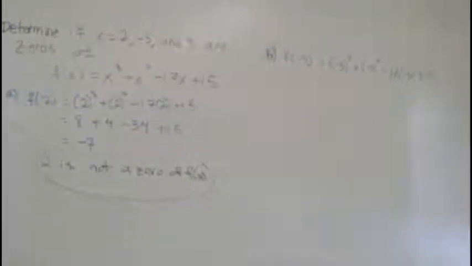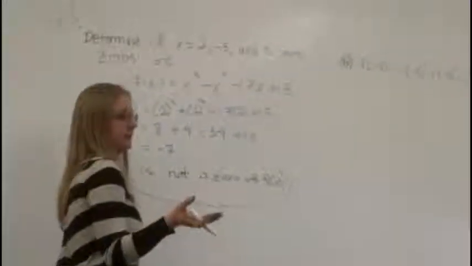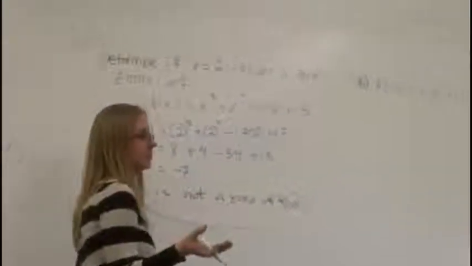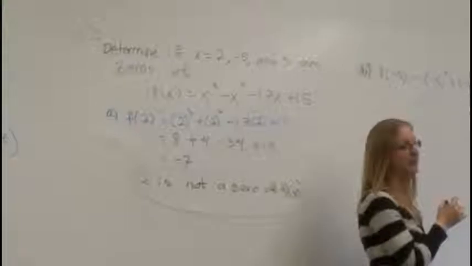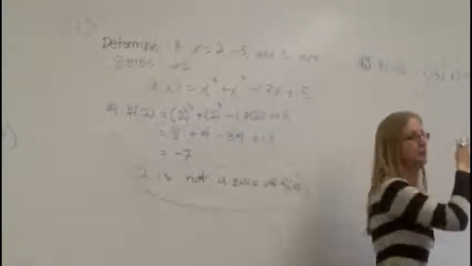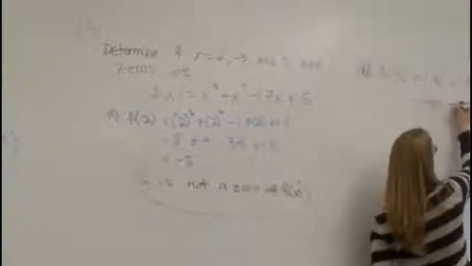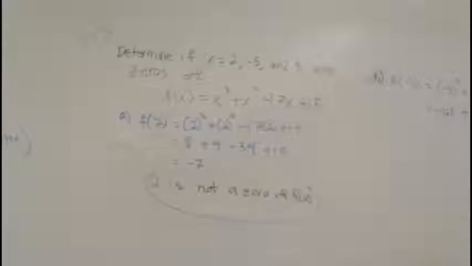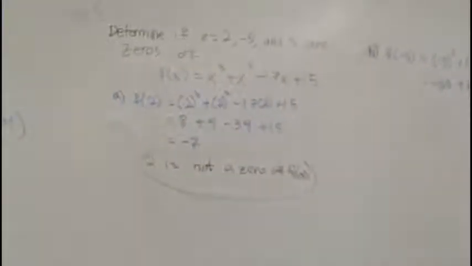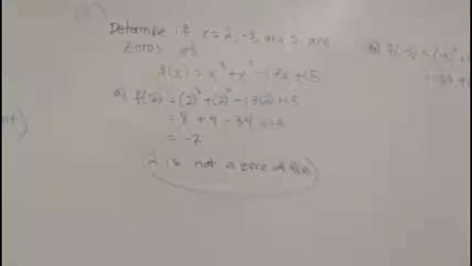If negative 5 is cubed, does it come out negative? Yes, a negative cube stays negative. So what's negative 5 cubed? Negative 125. This becomes positive, because squared turns into positive, so this is now going to be plus 25. What's 17 times negative 5? Negative 85, so it should be positive 85 because of 2 negatives. And then plus 15.